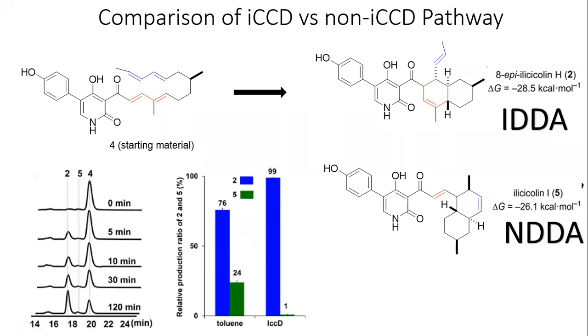So this was cool, and it was all based around the fact that the inverse demand Diels-Alder would give you the proper product, right? Where the cyclization happened with inverse demand, so you get different regiochemistry, which led to the product that they were looking for, which is this 8-epi ilicicolin.